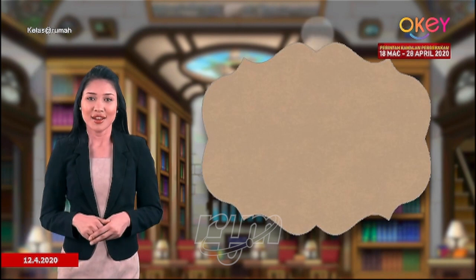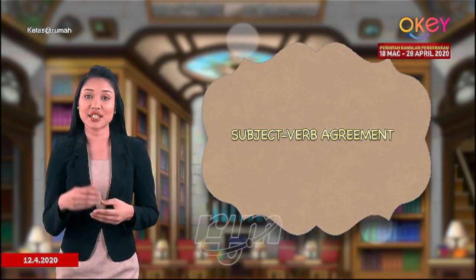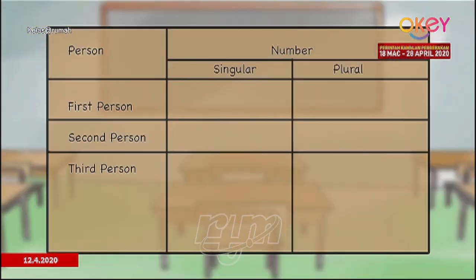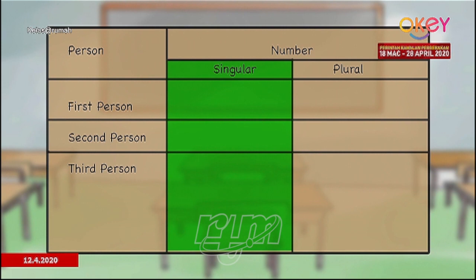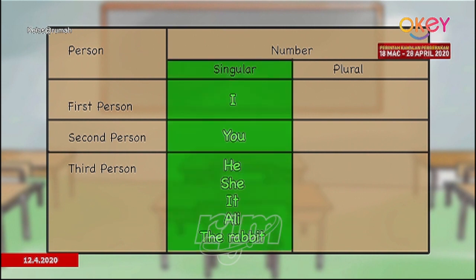Number 4, subject-verb agreement. The subject of a sentence must agree in person and number with the verb. Let's study this table. On the left column, I, you, he, she, it, Ali, and the rabbit are considered as singular subjects.